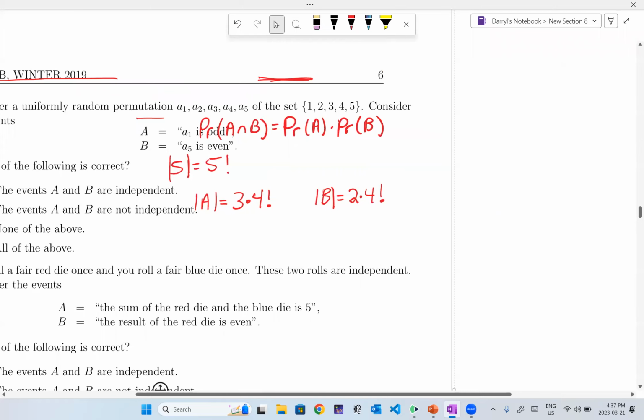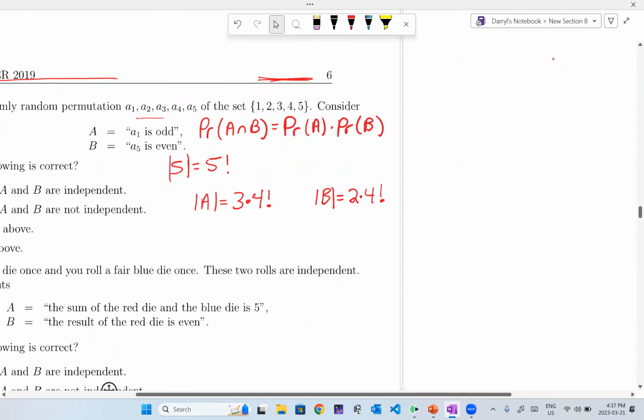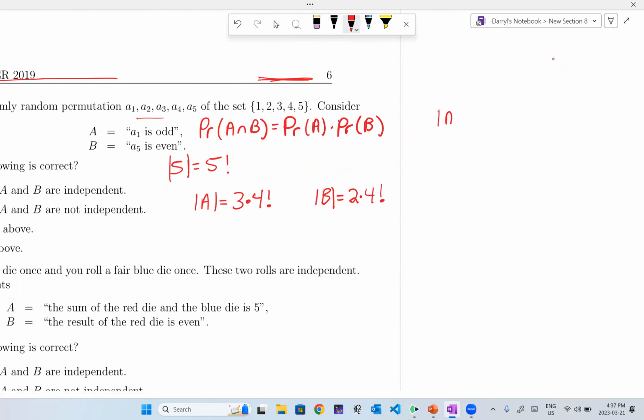Now I want A intersect B. So A1 is odd and A5 is even. For A1, I have 3 choices. For A5, I have 2 choices. And now I have 3 numbers left and 3 locations, and I just want to take all permutations, so that's going to be 3 factorial.